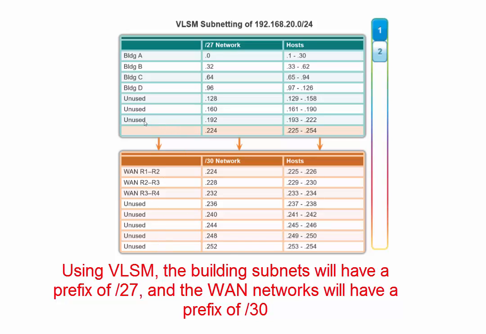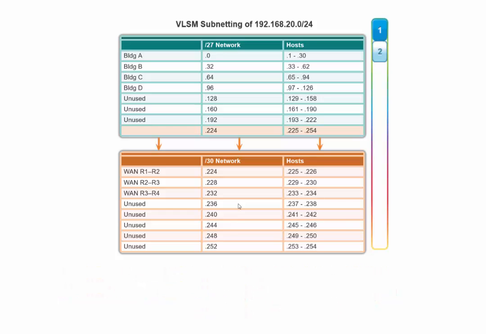So in that case, we ended up with 60 different addresses available here, plus 6 times 2, which is 12, which is like 72 different unused addresses, which can be available for future use. So this is a more efficient way of subdividing the network into subnets using variable length subnet.